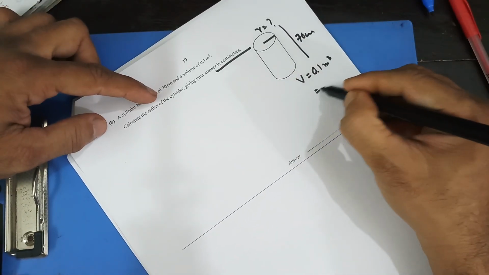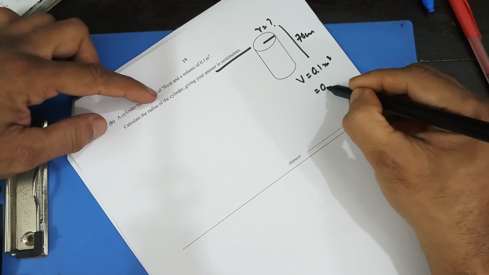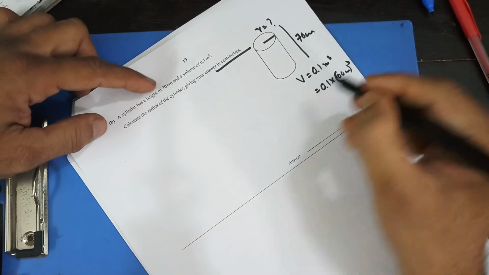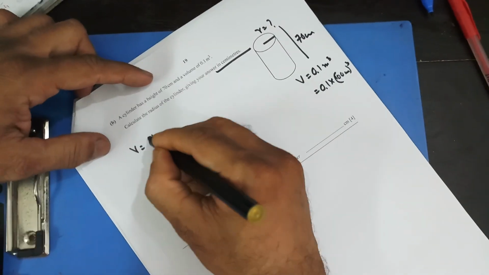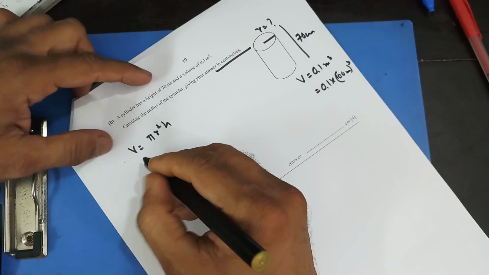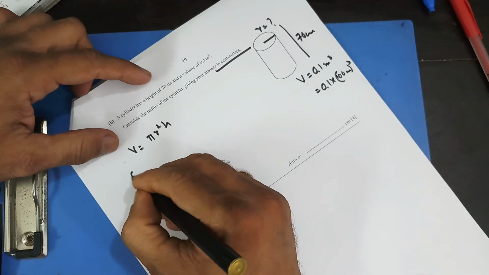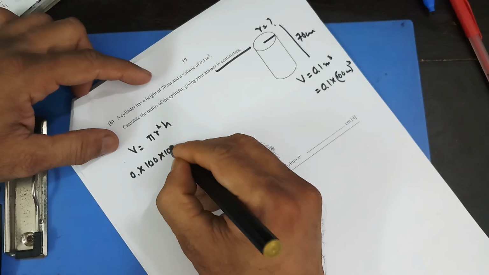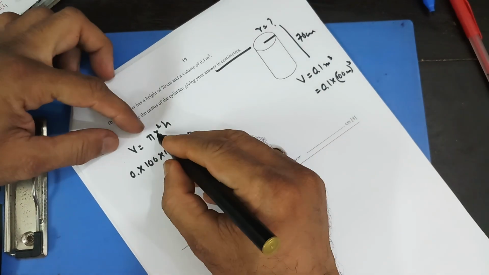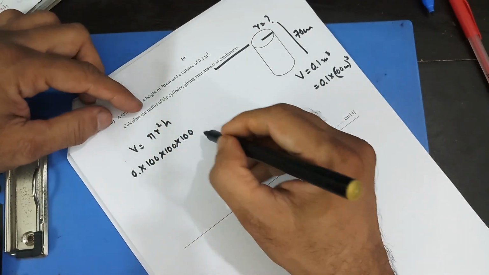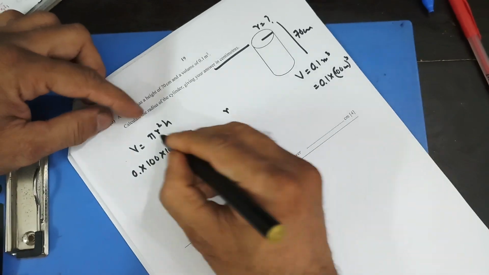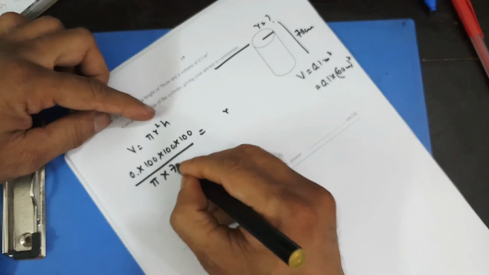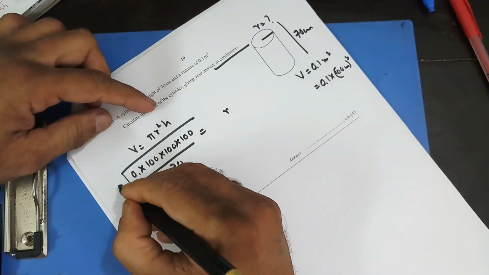So I have to change this: 0.1 cubic meter is 0.1 times 100 times 100 times 100 cubic centimeter. Volume equals pi r squared h, and I need the radius.